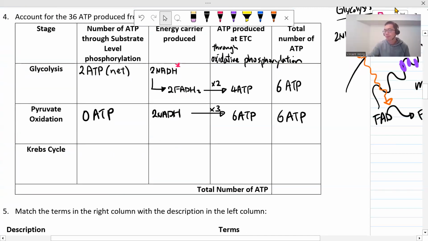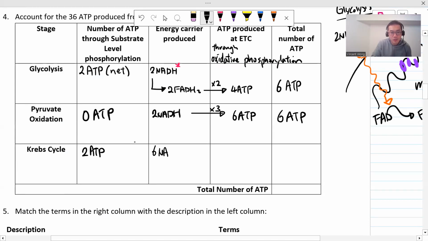So this is 2 ATP. Each glucose gives 2 pyruvate. Each pyruvate will become acetyl-CoA, and then they will go through their own cycles. Each cycle produces 1 ATP. That's why there are 2 ATPs for every glucose.